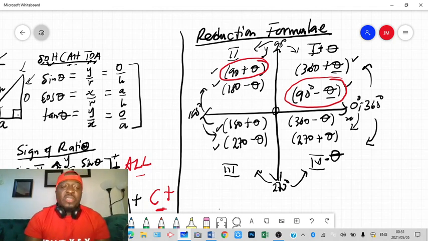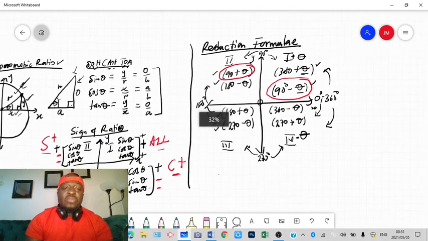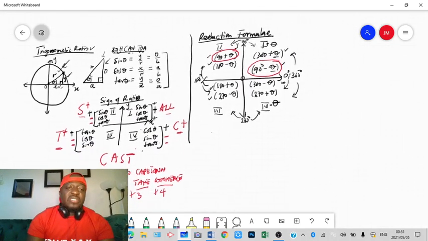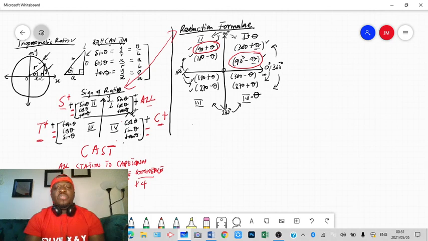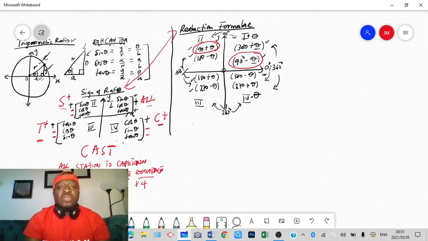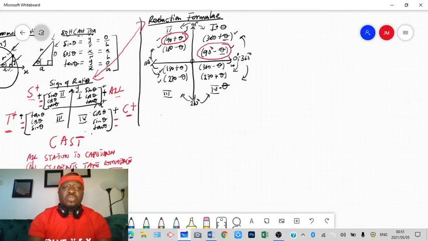So bear with me, we're going to combine two things. We're going to combine your reduction formulas and the signs of the trigonometric ratios to write down how each reduction formula simplifies using the trigonometric ratios.